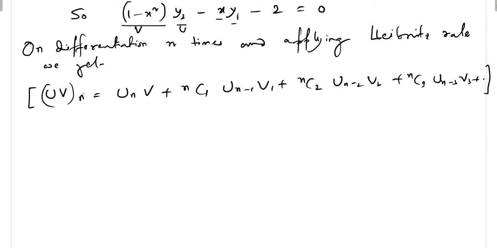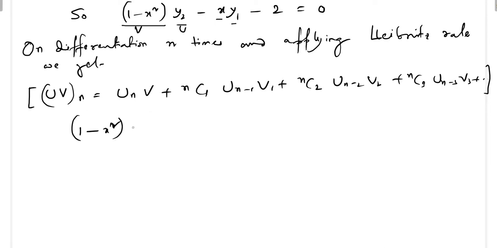So the answer will be v into, so v will remain unchanged, so 1 minus x square times un. So if it is your u, so un will be what? Anybody having any idea? Apply nth order.